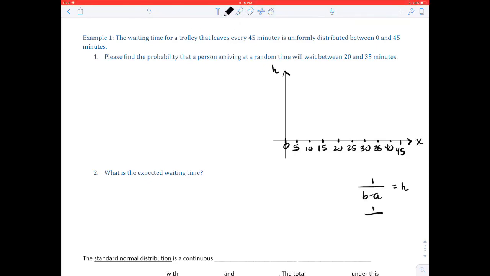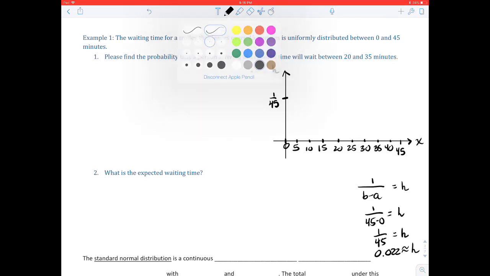And remember that 1 over b minus a would just be 1 over 45 minus 0, right? Which is 1 over 45. Cool so far? That is the height. So we'll put that in. I'm going to actually keep it as a fraction. And let's draw our rectangle.